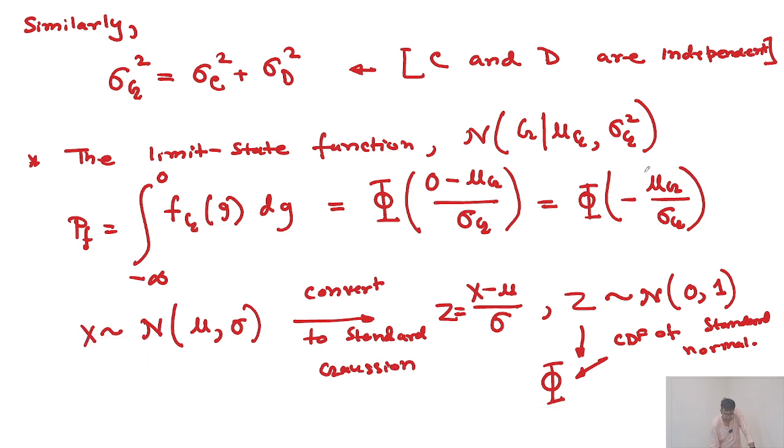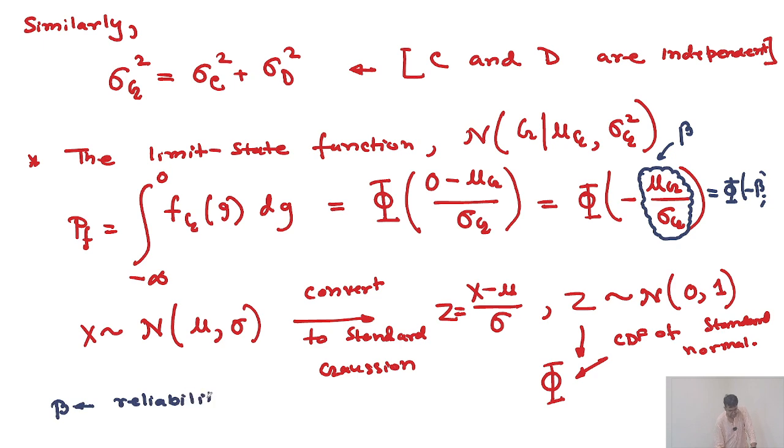I'm not going to consider the negative sign. Keep that in mind. We denote it as beta, and beta stands for reliability index. So this is phi of minus beta, and my beta is Cornell's reliability index.